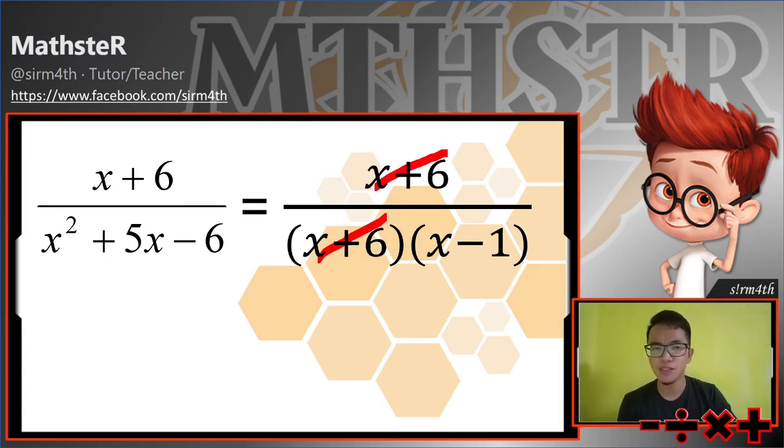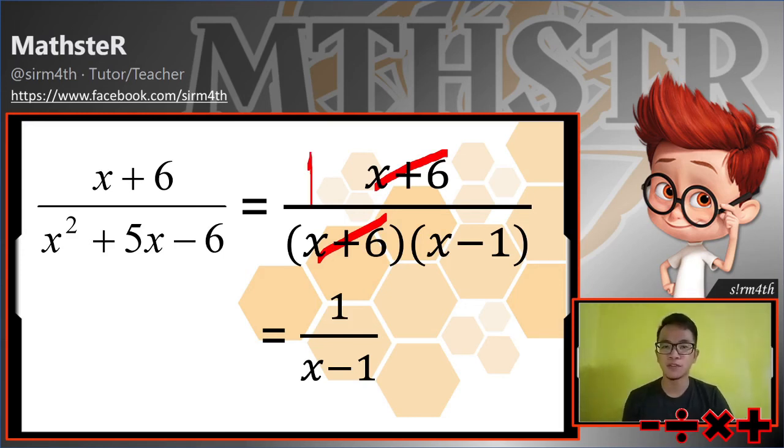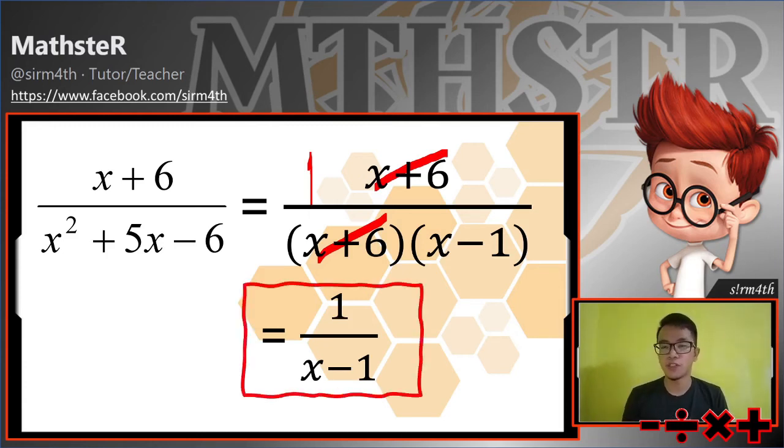So, ibig sabihin, kung na-cancel na natin yung common factor nila, ang matitira lang sa kanila ay 1 over x minus 1. So, therefore, our final answer for this rational expression, x plus 6 over x squared plus 5x minus 6, is equal to 1 over x minus 1.